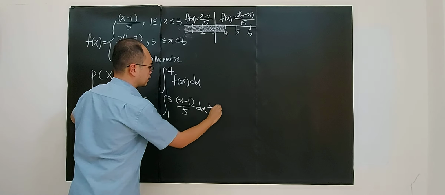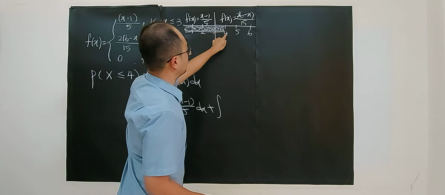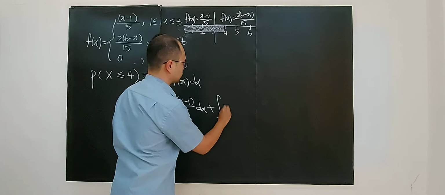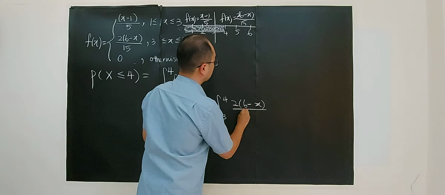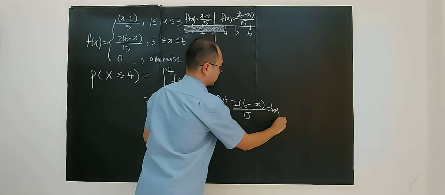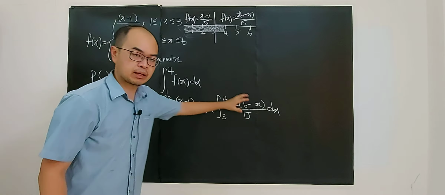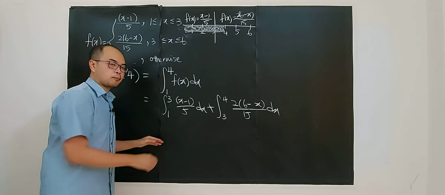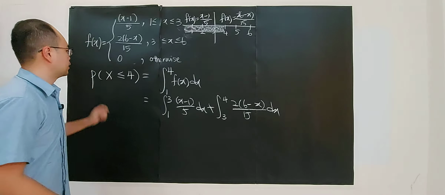Then from 3 up to 4, it will be (6 minus x) over 15 dx. If you evaluate all this, if you find the integral, you are getting your probability for this.